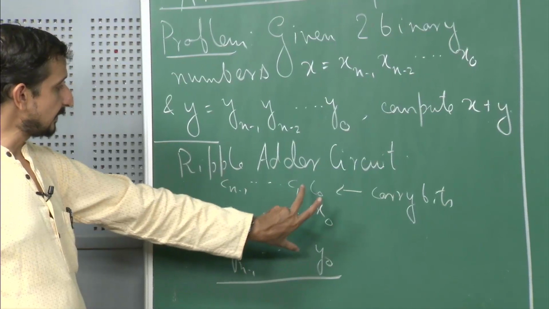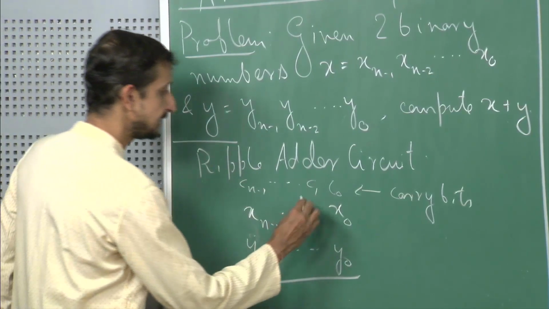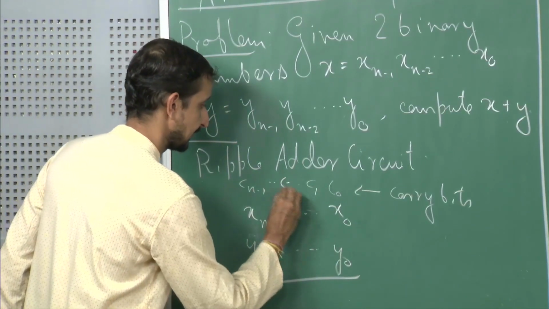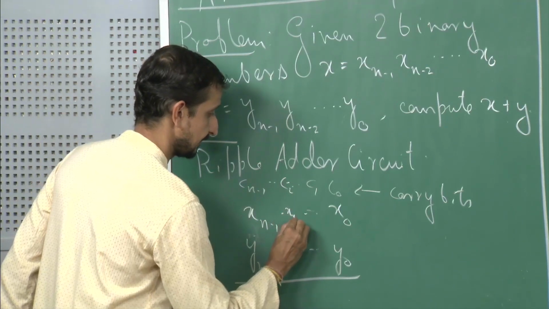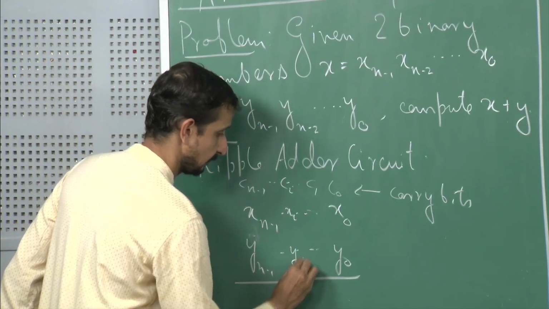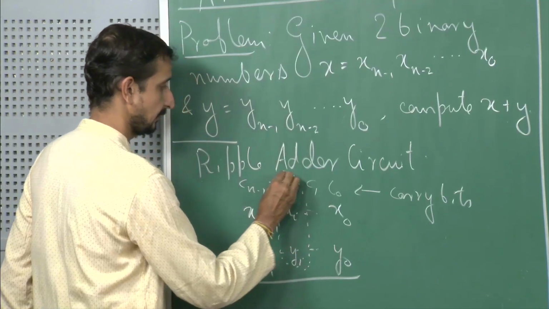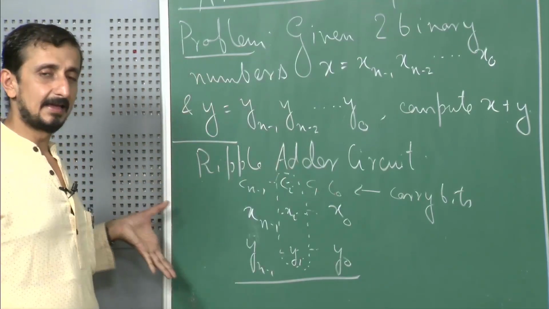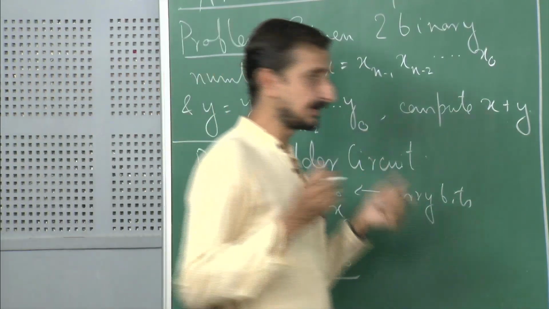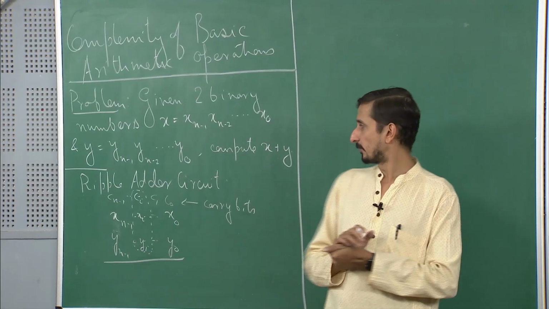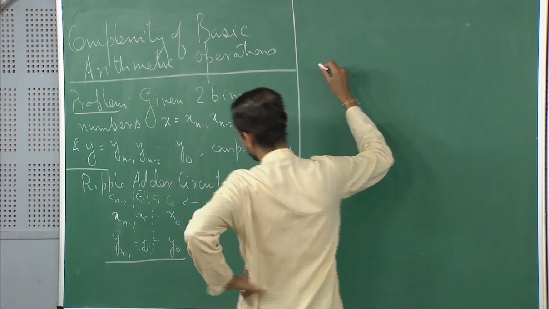So we can actually have individual circuits for each of these operations. Let us say I have a C_i, an x_i, and a y_i somewhere. I can have a circuit for this, and then I can just concatenate these circuits and get a formula for addition. So this is simple to see.